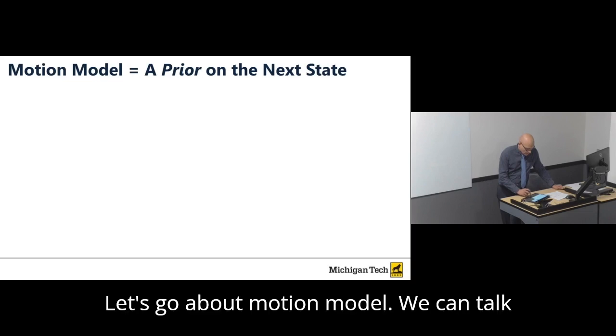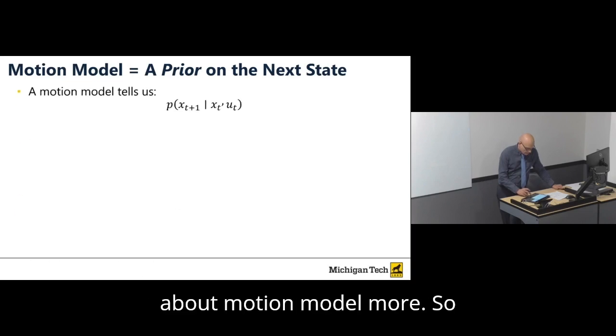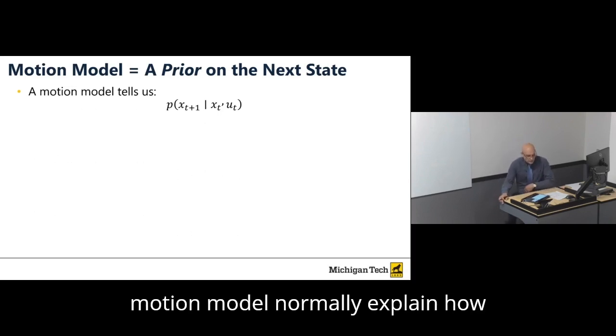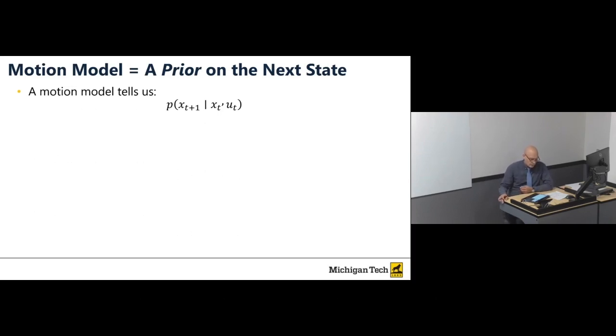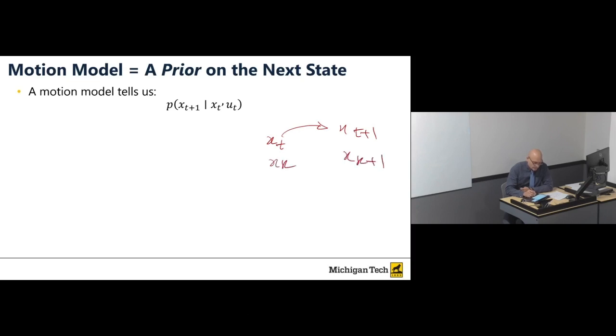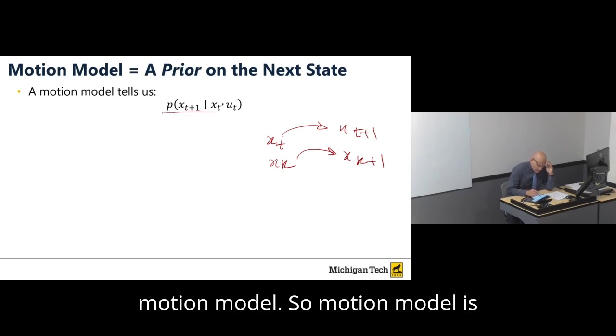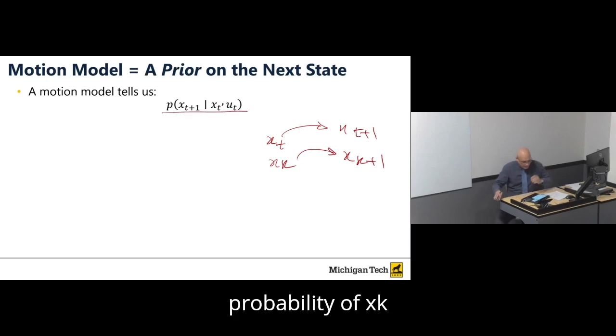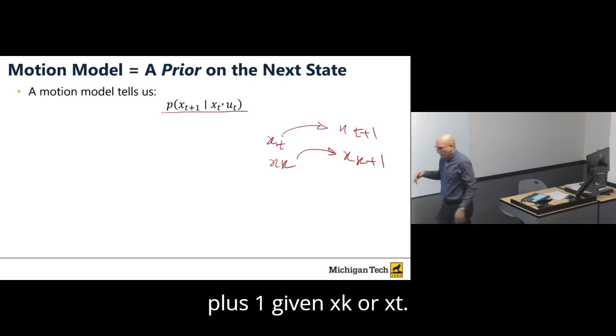Let's go to the motion model and talk about it more. The motion model normally explains how we are moving from x at time t to x at time t plus 1, or sometimes in discrete format we call it xk and xk plus 1. So the motion model is the probability of xk plus 1 given xk or xt.